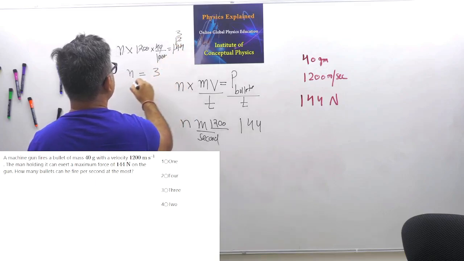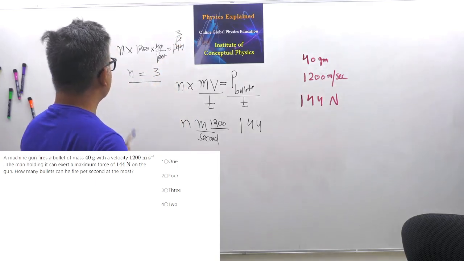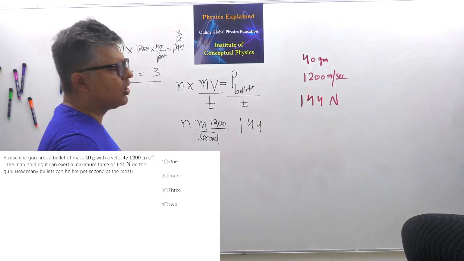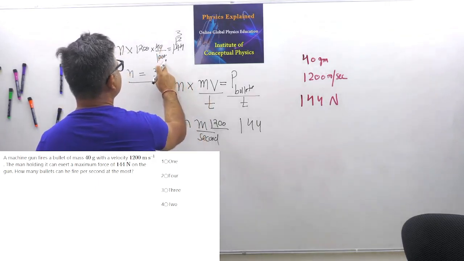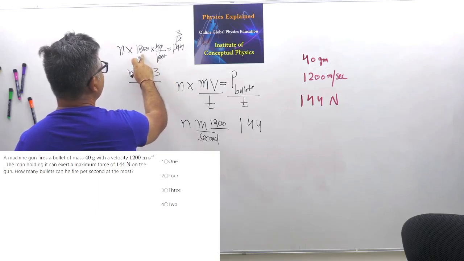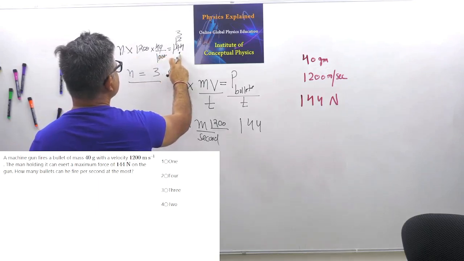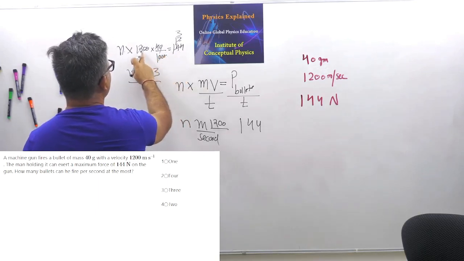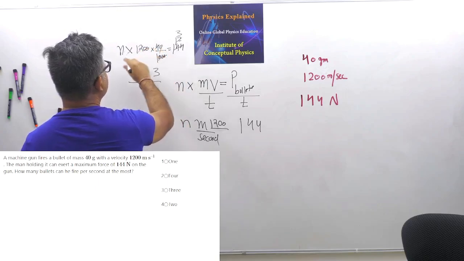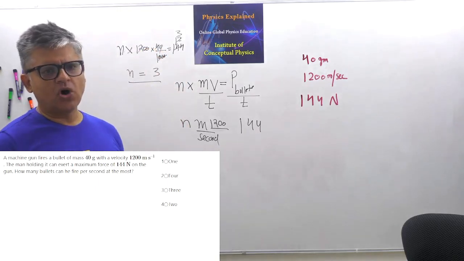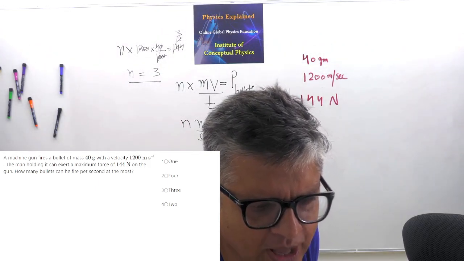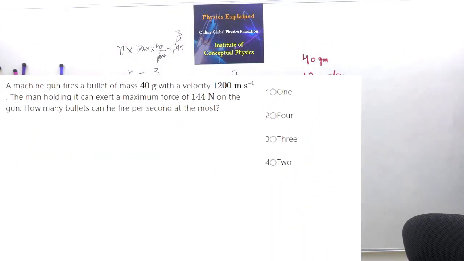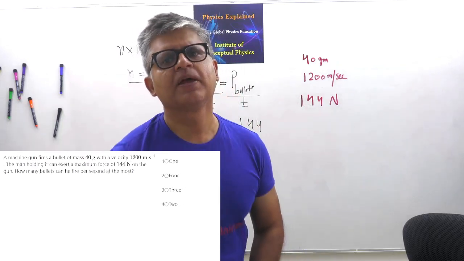Let's do a recalculation as to how many bullets you can fire. So n, the mass of the bullet is 40 by 1000 kilogram, into v, and all we want is 144. So 1200 cancels 40, so n is equal to 3. So all you can do in this scenario, if you look into the answers, is you can't fire more than 3 bullets in this scenario.